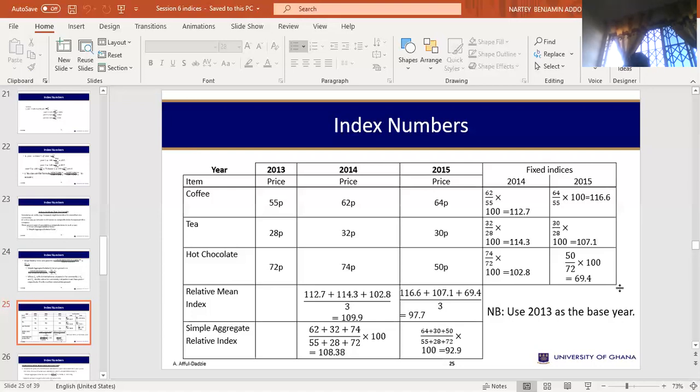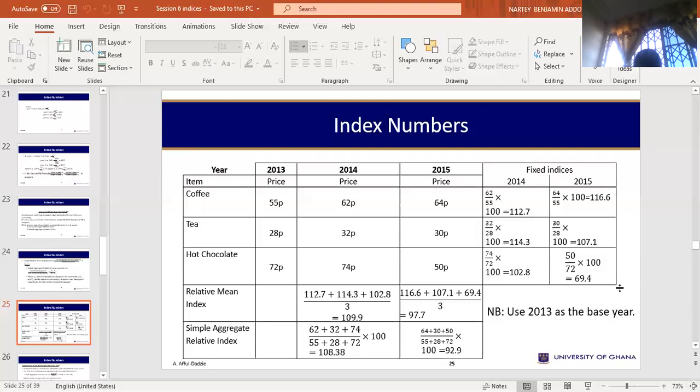In that case, the simple mean of relative price index is the summation of Pn over P0, all over N, where N is the number of items, times 100. And then the simple mean of relative quantity index is the summation of Qn over Q0, all over N, times 100.